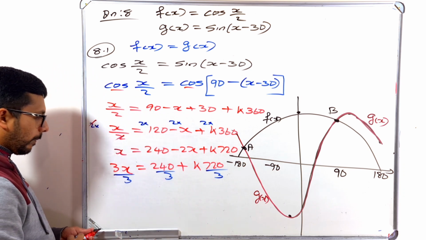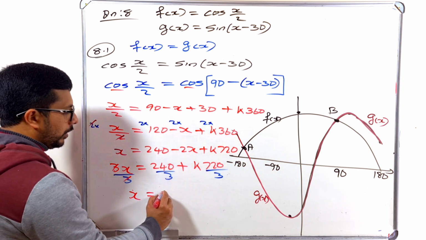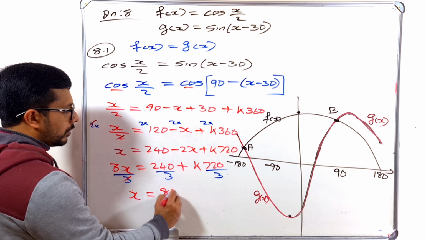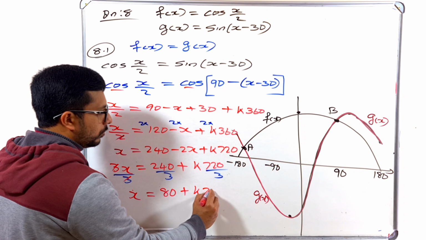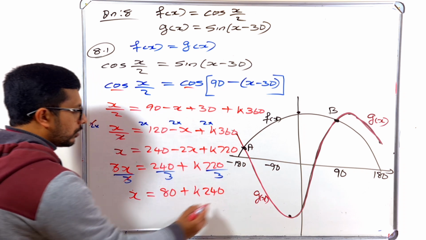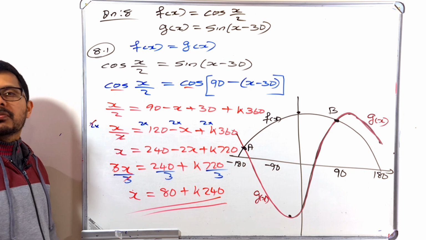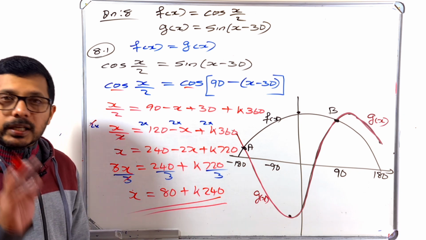So x is equal to, this 3 cancels, 80 plus k, what is this one guys, 240. So we got a general solution for x, that is 80 plus k 240.